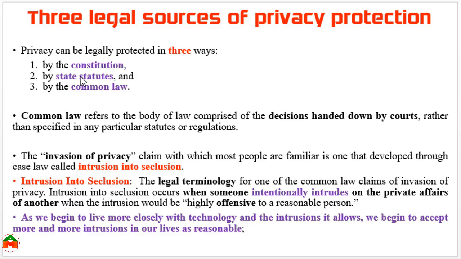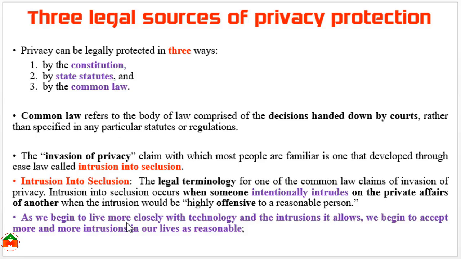And in the case of state statutes, there is a terminology called intrusion into seclusion. Intrusion into seclusion occurs when someone intentionally intrudes on the private affairs of another, when the intrusion would be highly offensive to a reasonable person.